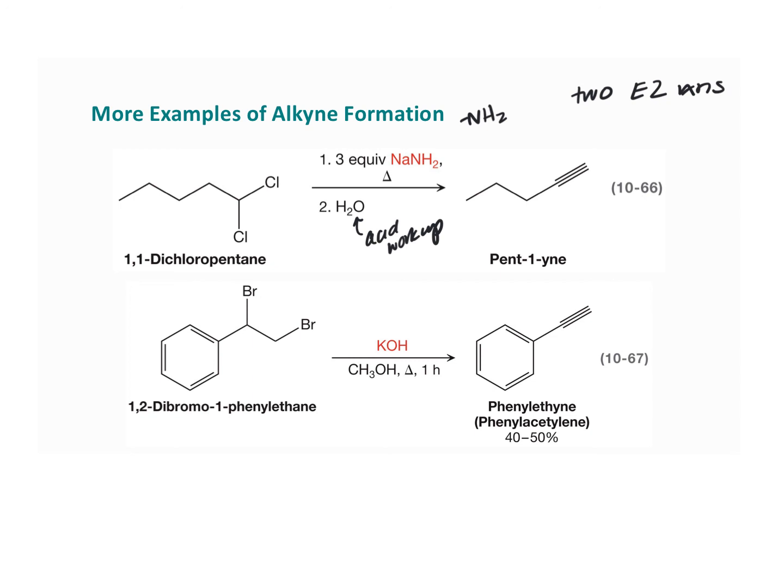Now, notice in the bottom equation here, 10.67, we do not require an acid workup. There's no 1 and 2 there. And the reason is because the OH minus is not a strong enough base to favor deprotonation of the terminal alkyne that forms.